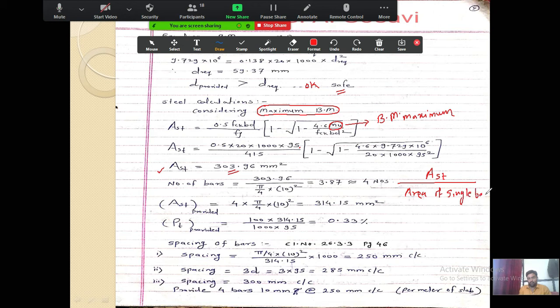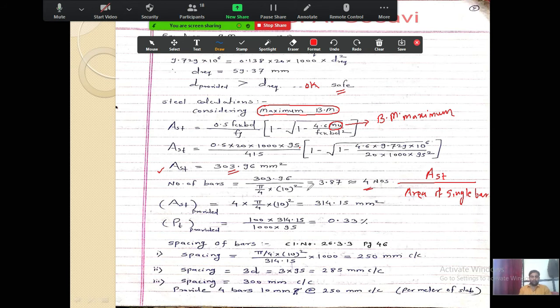If you do this, you will get the number of bars. It works out to be 3.87. We can't provide 3.87 bars, so we round this up to 4 bars.